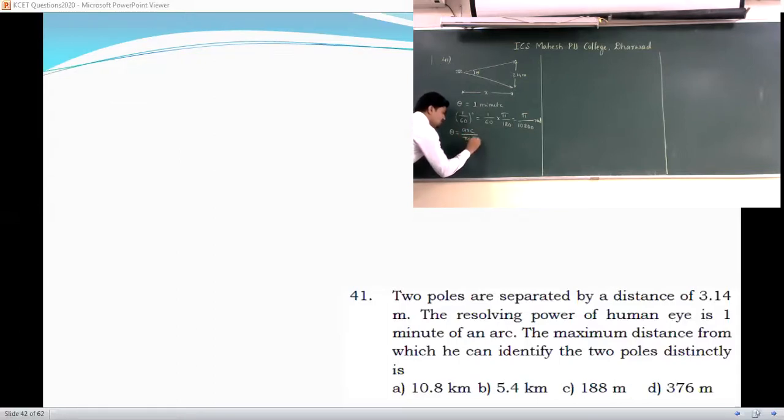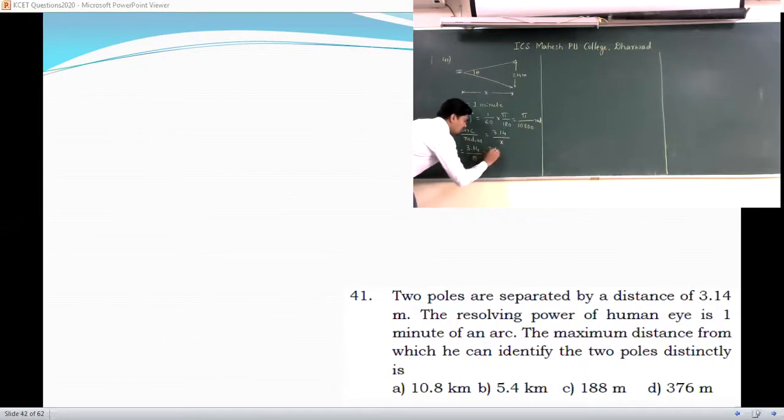The arc here is 3.14 meter and the radius I have taken as x. So theta is equal to 3.14 divided by x. What we require here is x, so x is equal to 3.14 divided by theta.